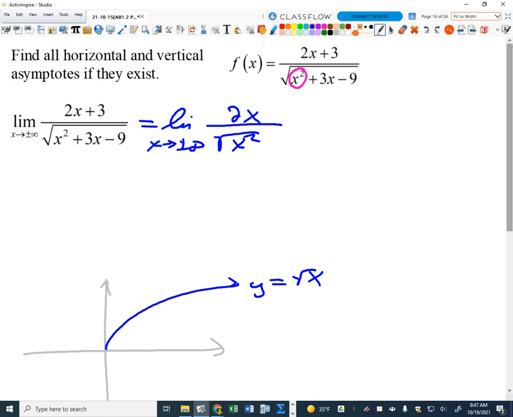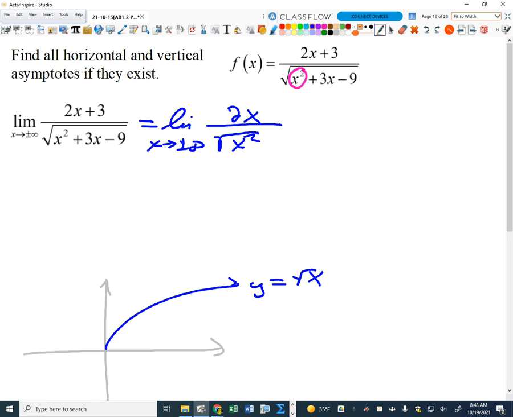Okay, so given that that's the behavior, if the function inside the radical gets infinitely big, so does the radical, right? The radical is also going to explode. The only term that's really going to matter inside the radical is that leading term, that x squared term, right?